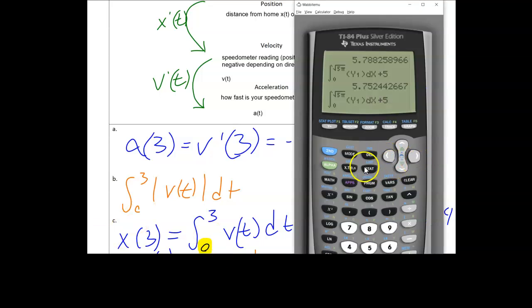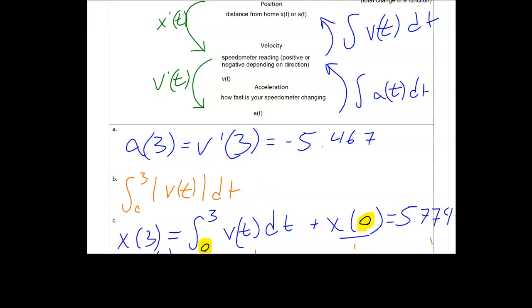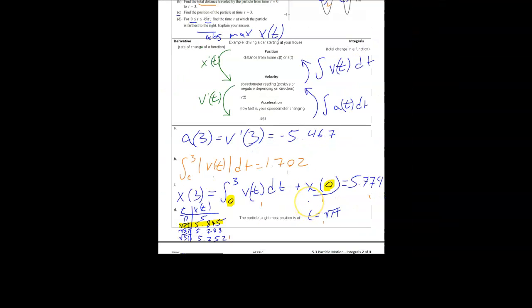So I can take the integral that I was taking before, get rid of the 5, change this upper bound to 3, and then in here I need to insert the absolute value, and that's math, numbers, ABS. And we want our y1 to be inside there, obviously. Your calculator has to do a little bit of thinking there, but there is our total distance, 1.072. So that is our entire FRQ. This is, again, a 2-pointer, one for just this, so demonstrate you know what displacement is, or total distance is, and then one for your result.